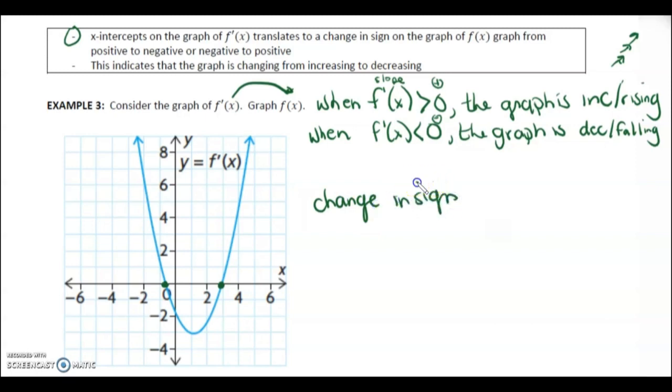In other words, a max or min at x equals, and this is going to be approximate, let's go -0.5, just for simplicity. And then also at approximately 3. So there's going to be two changes, from decreasing to increasing or increasing to decreasing.